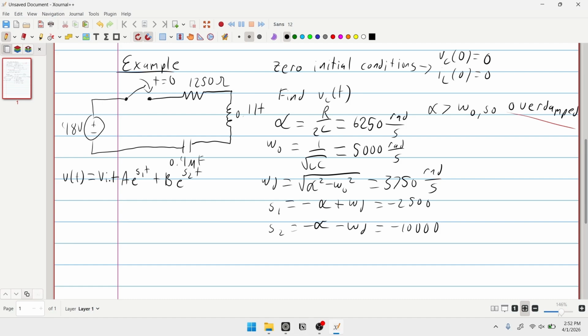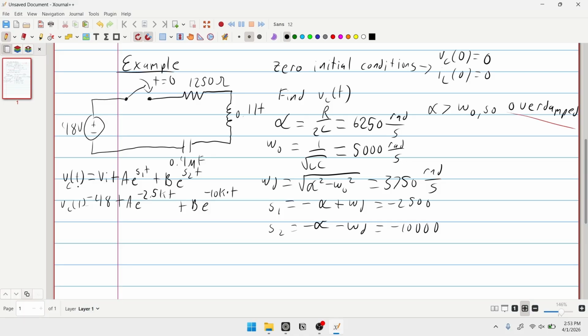We know that Vi is equal to 48, s1 is equal to negative 2,500, and I'm going to write 2.5K just to shorten it, plus B e to the negative 10K times t. This is Vc of t.